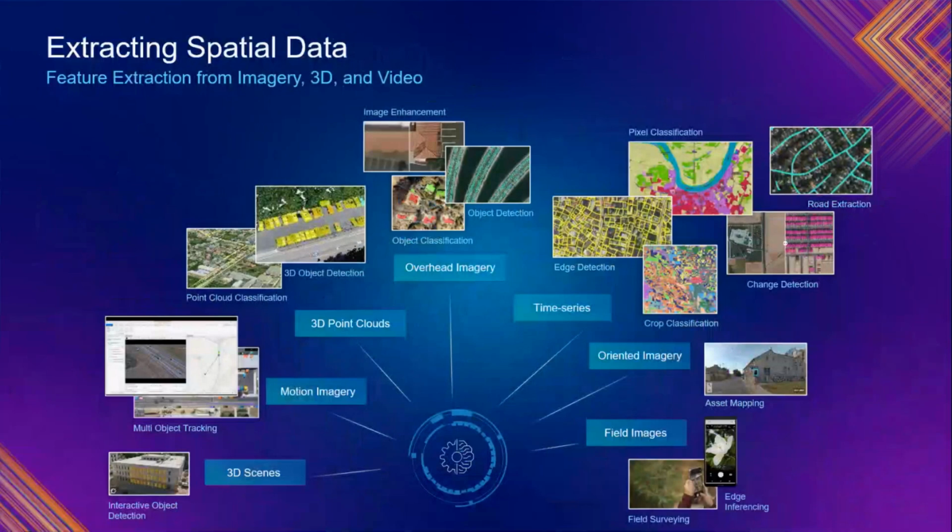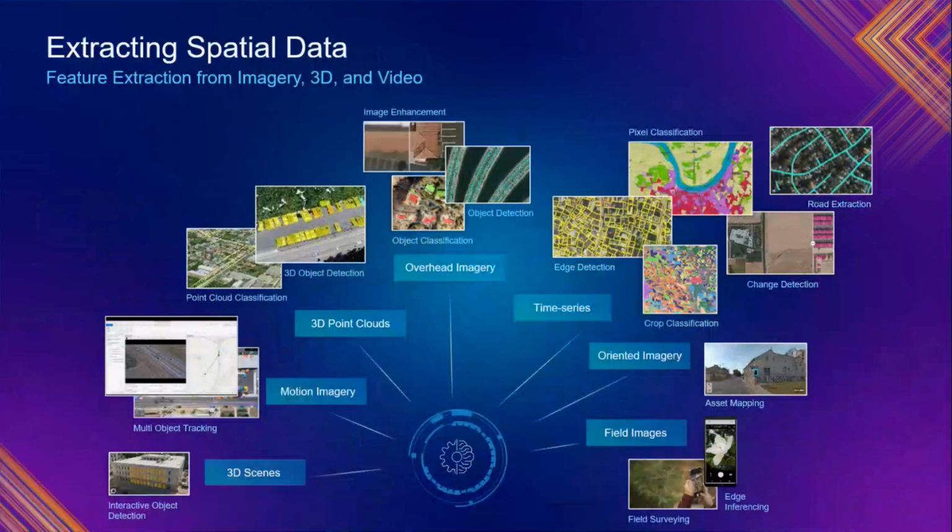So there are a lot of tools or features within ArcGIS for extraction from imagery, from 3D and video. So this is really showing the different types of sources that we can extract information from. 3D scenes, I was showing that before. Motion imagery, so if you have images from a video source, it could be a drone, it could be security type cameras, we can extract information from that.